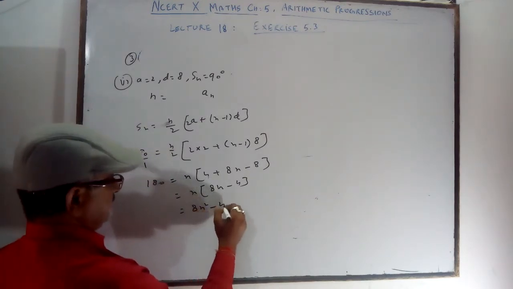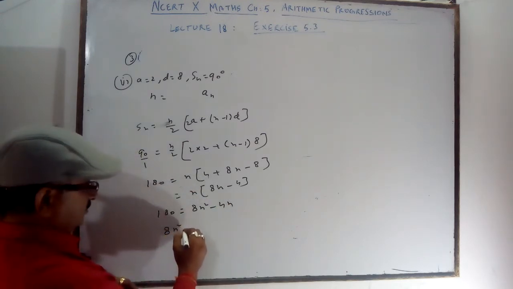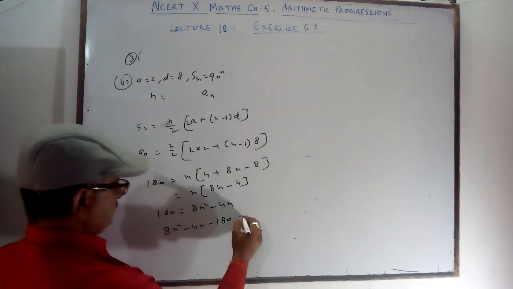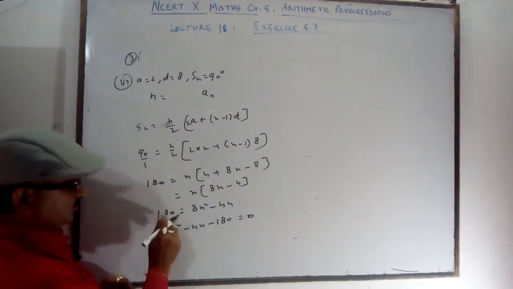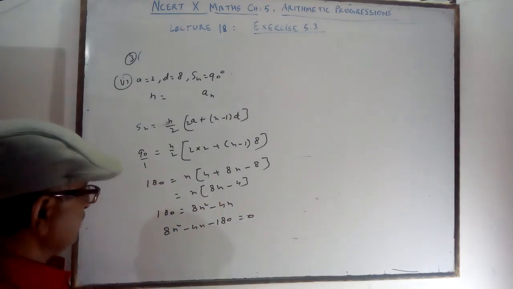So you are getting 8N square minus 4N is equal to 180. So 8N square minus 4N minus 180 is equal to 0. I am transposing 180 that side and writing the whole equation like this.